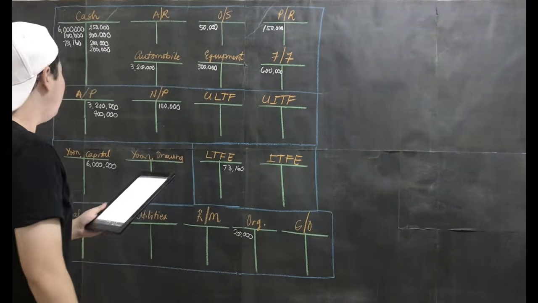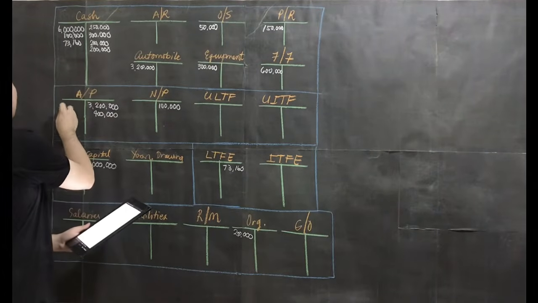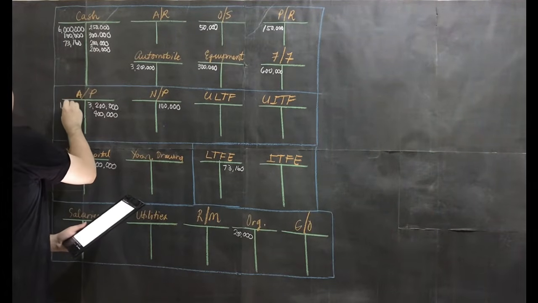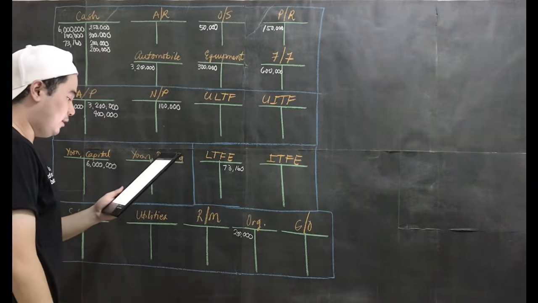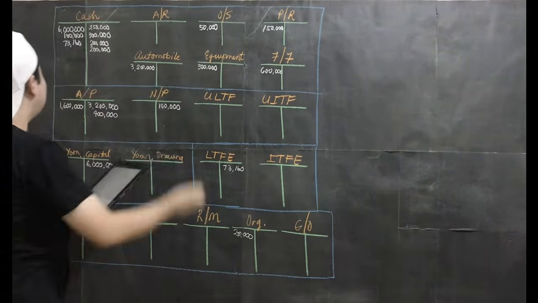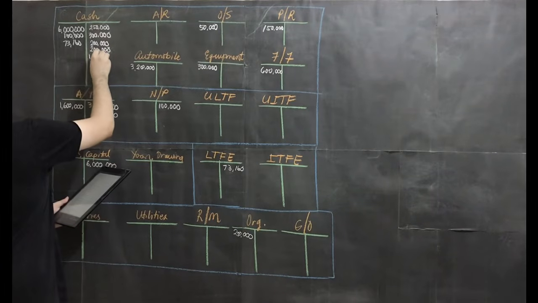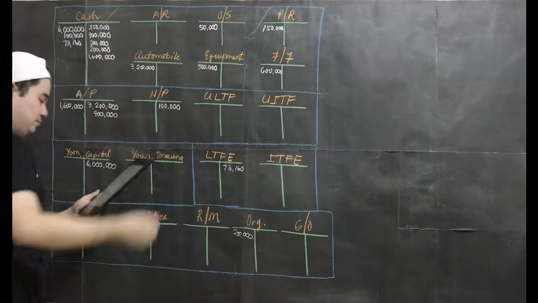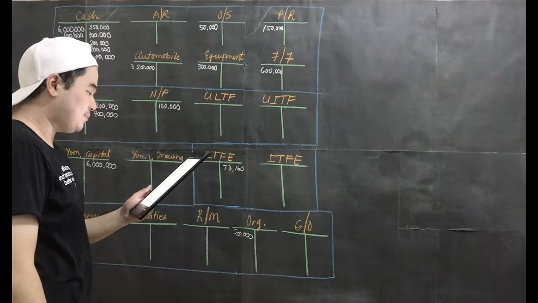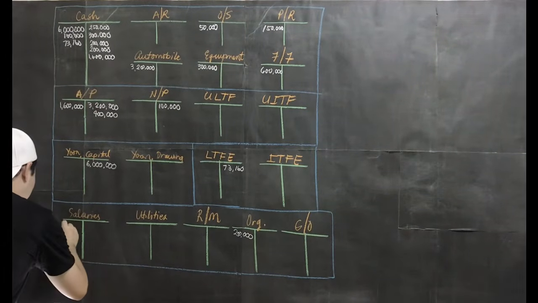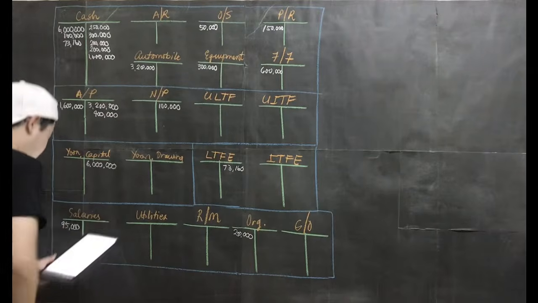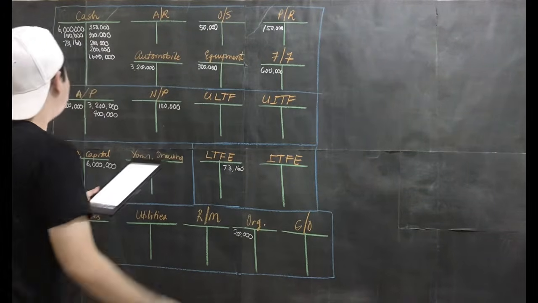Debit accounts payable, 1,600,000. So here. And then, credit cash, 1,600,000. Debit salaries expense, 95,000. So this is our salaries. Credit cash, 95,000.